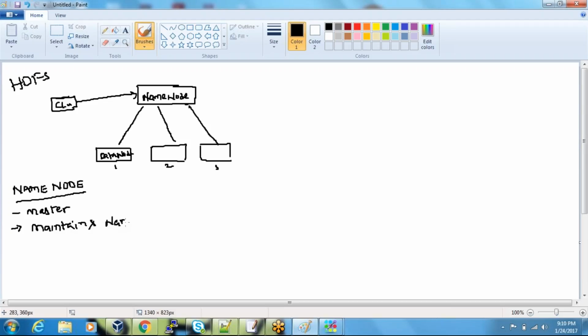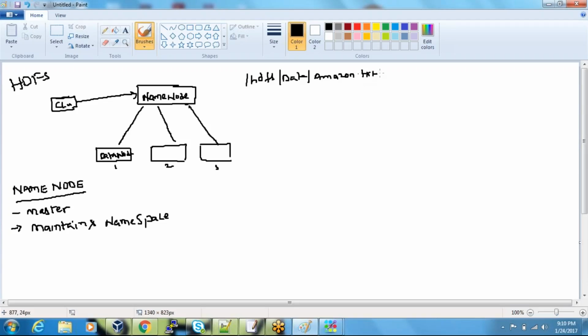So what is the namespace information? Namespace information is nothing but where you are storing the file. The namespace is a tree structure. Let's assume that in HDFS I'm loading data into the directory /hdfs/data/amazon.txt.